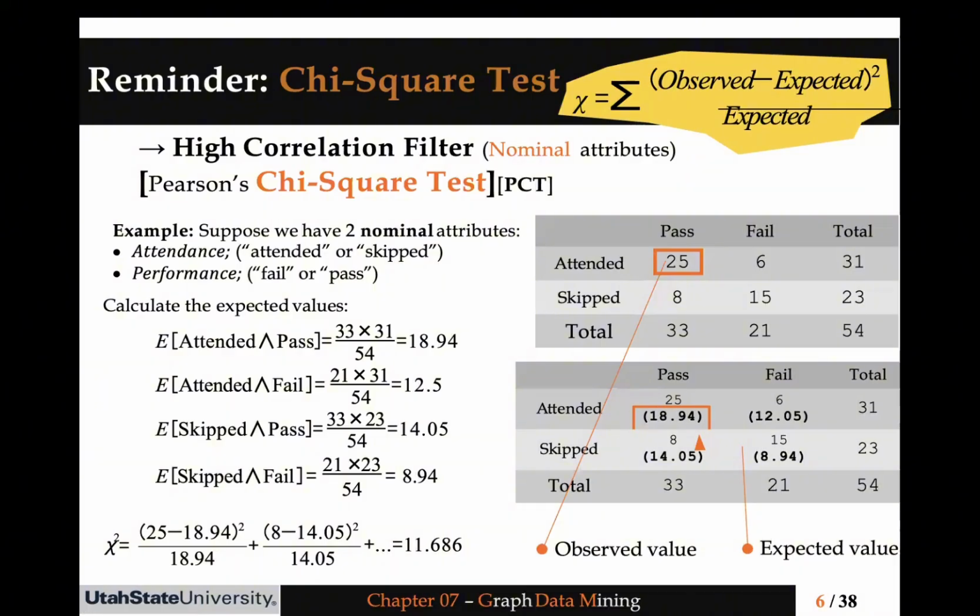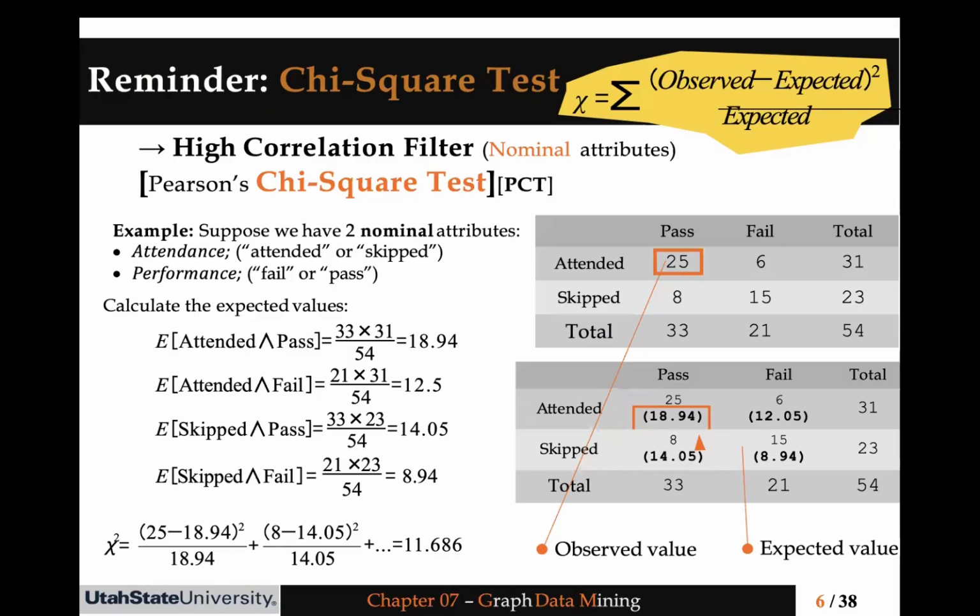When this total chi-square value is large, it simply means that the observed table deviates quite significantly from what we would expect under independence, which suggests that there is a strong relationship between attendance and performance here. What we should keep in mind is that we are not just counting the frequencies or the counts. We want to find how surprising the data is compared to a random baseline, right?